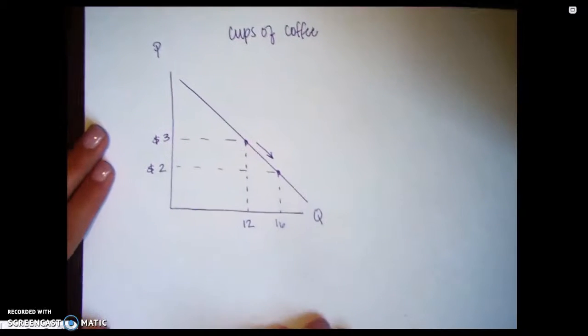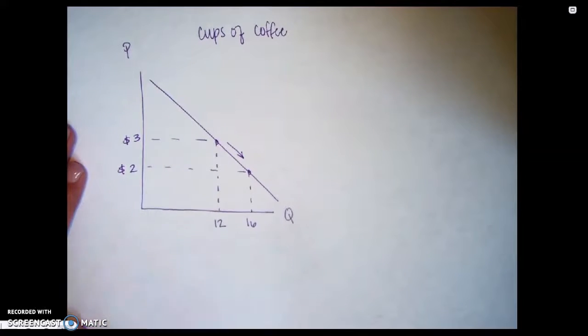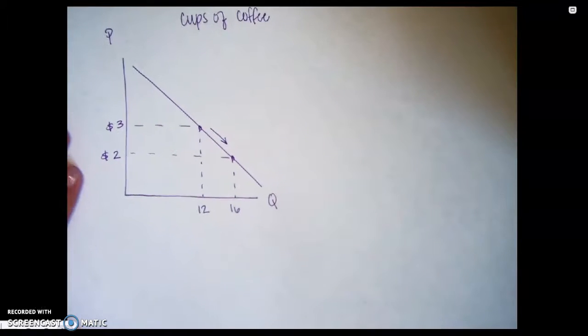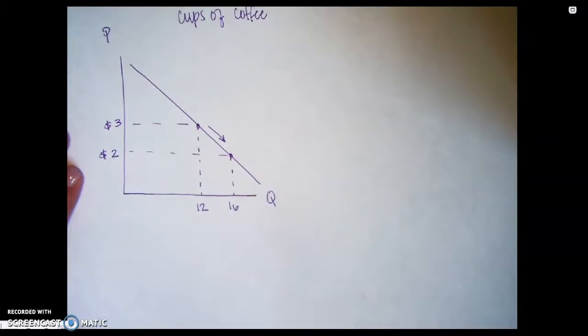Okay, let's do a second equation. Now we're going to talk about cups of coffee. Okay, and in this case, you were selling coffee for $3 and selling 12 cups of coffee, and now you're selling your coffee for $2 and you sell 16 cups of coffee.